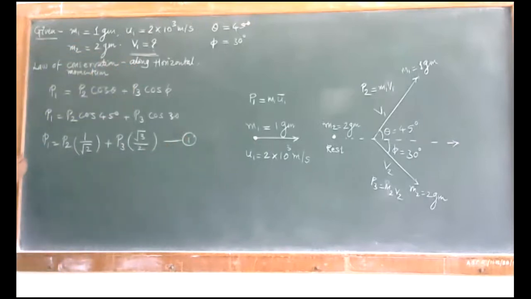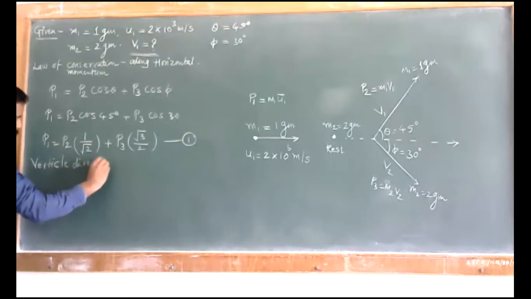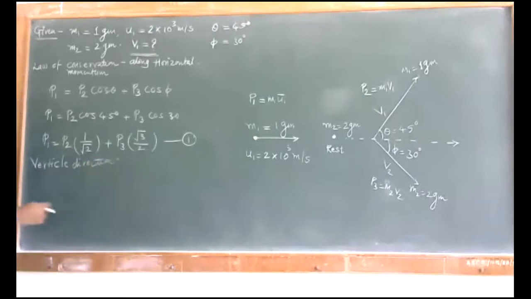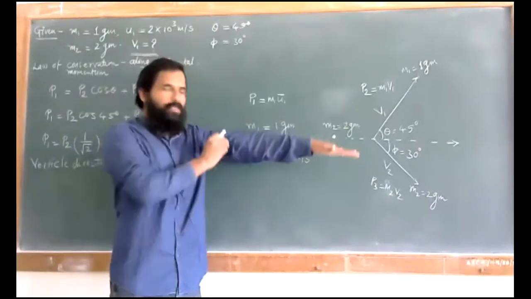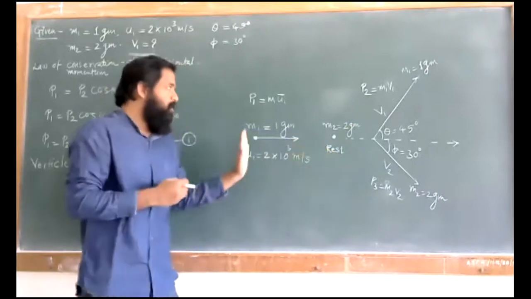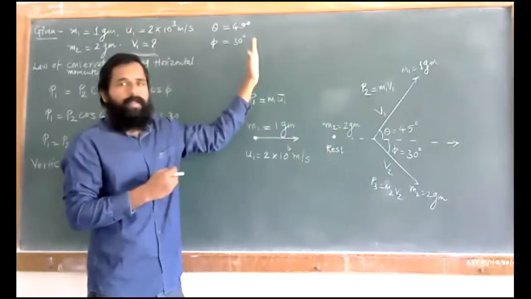Look at the second one. The law of conservation of momentum along the vertical direction. The first particle is moving along the direction of propagation, that is, along the x direction, so it does not move along the vertical direction.